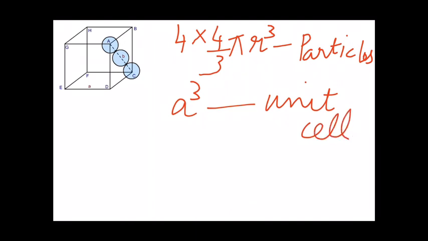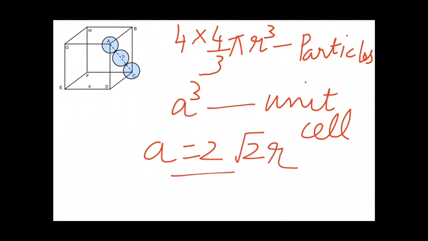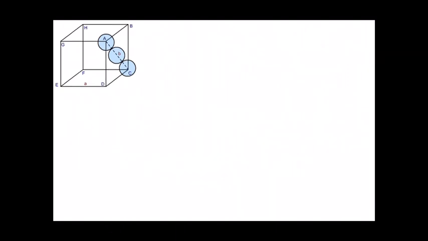We had already derived the relationship between a and r. a is equal to 2 root 2 r. Keep this in mind. Let us recollect the formula for calculating the packing efficiency. It was the volume of the particles divided by total volume of the unit cell, into 100.